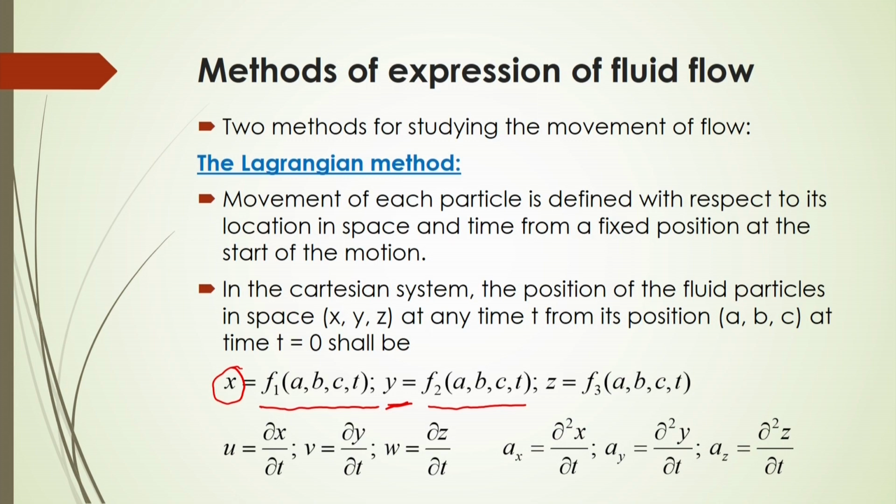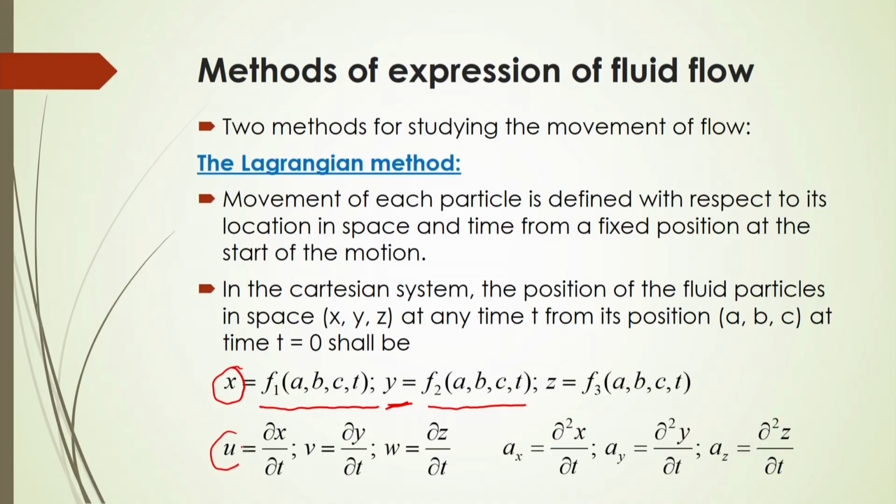And what will be the velocity of that particular fluid particle? It will be represented by u in the x direction, defined by dou x by dou t, v in the y direction as dou y by dou t, and in the z direction as dou z by dou t.